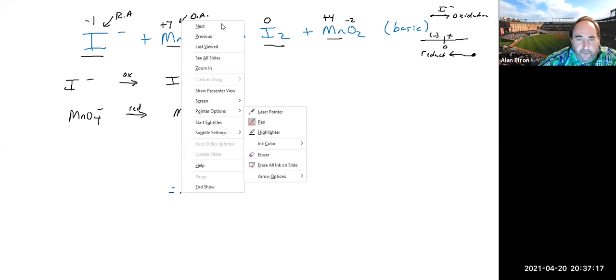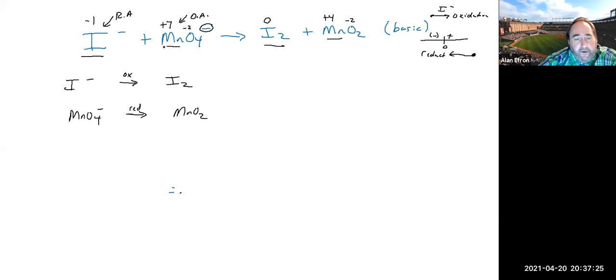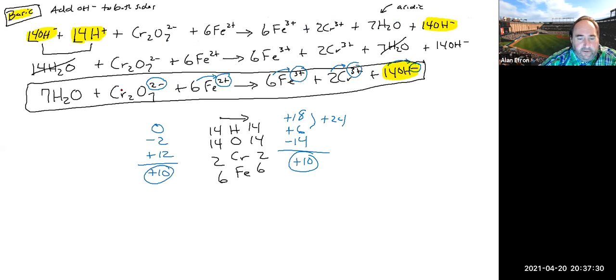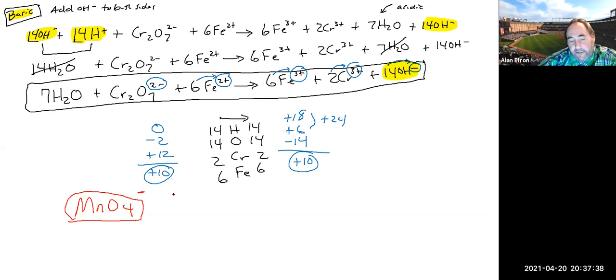All right, so we're going to roll through our steps here, just like we did on the previous one. Sorry, I do have one question. How did you get +7 for manganese? For over here, this? Yes. Let me get a fresh marker so I don't mess up that page. So MnO4 minus, this entire thing has a -1 charge.